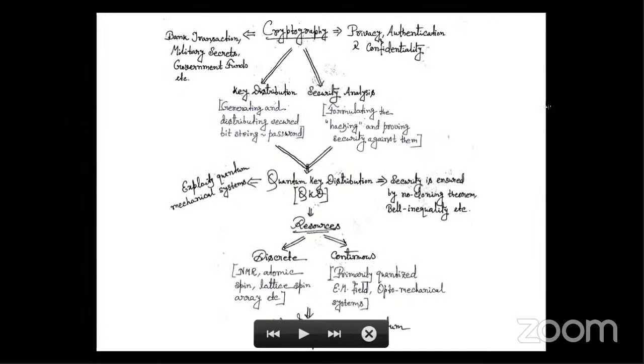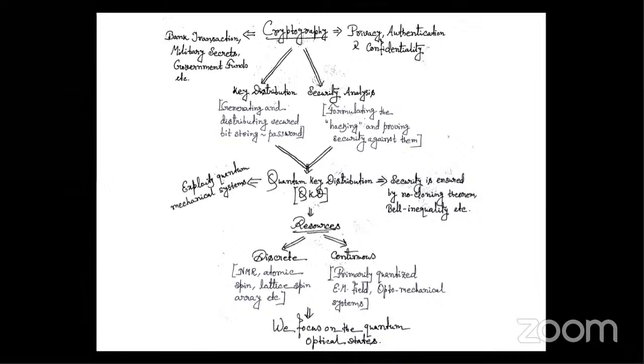Before we go into this talk, first let us understand what we mean by cryptography. Cryptography is essentially privacy, authentication, and confidentiality between two users. Say, for example, you want to communicate with somebody, you need to guarantee that nobody is listening to your communication.